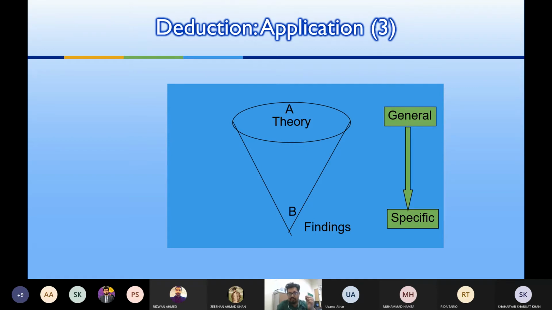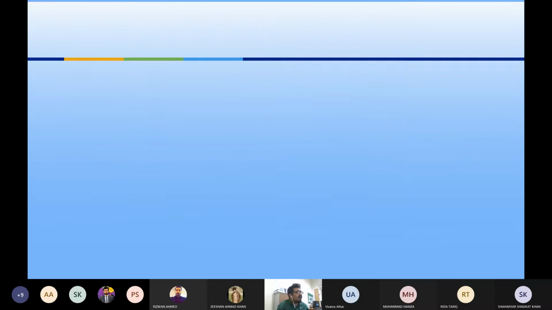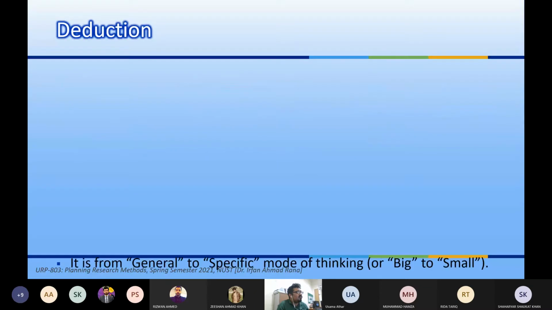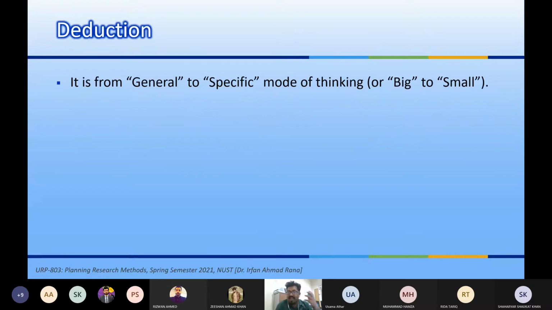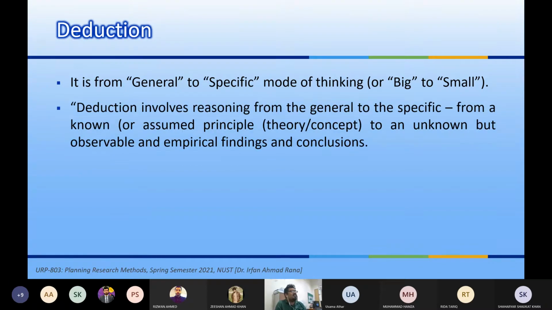That is the deductive approach, in which we think from a generic level, thinking big, towards a small thing. For example, the theory of gravity is there, and you're testing the theory. You go from a very big thing to specific small things.